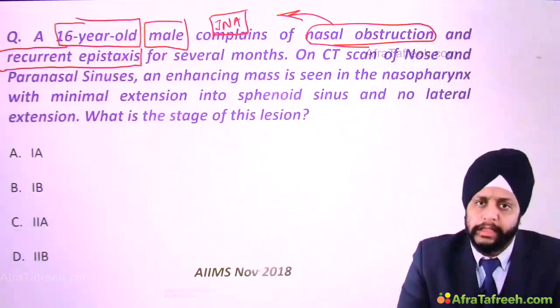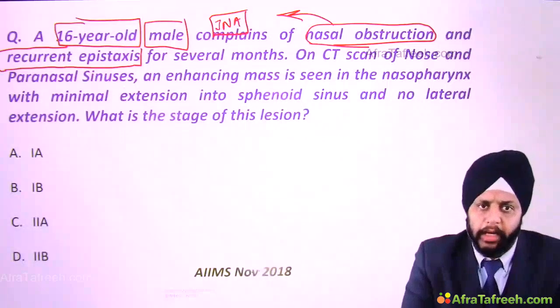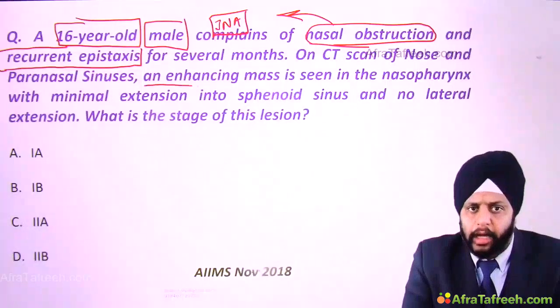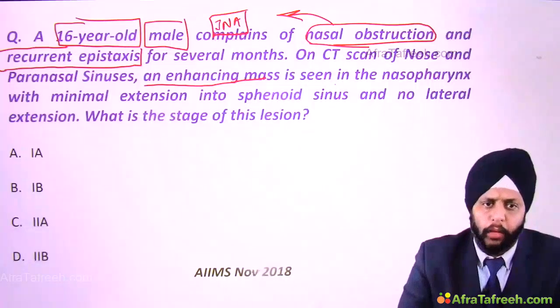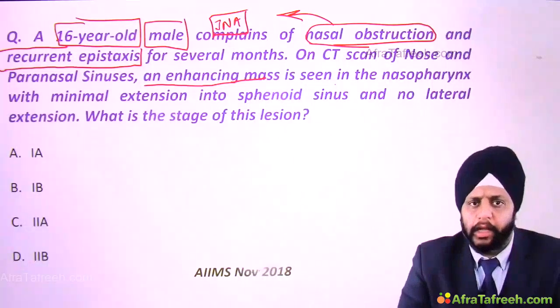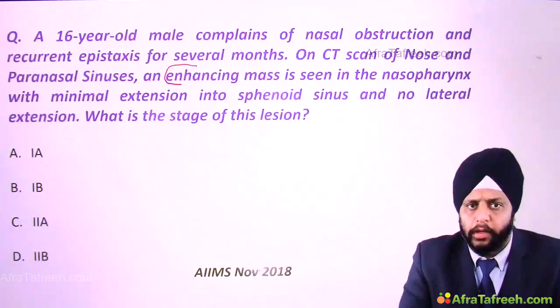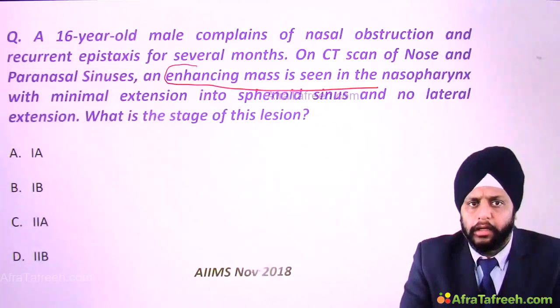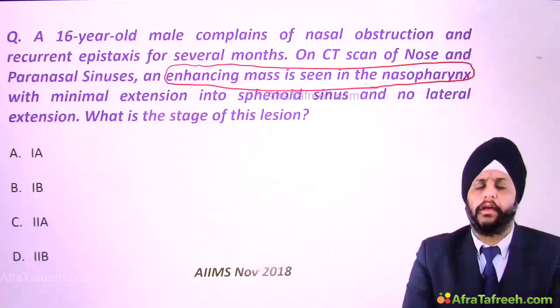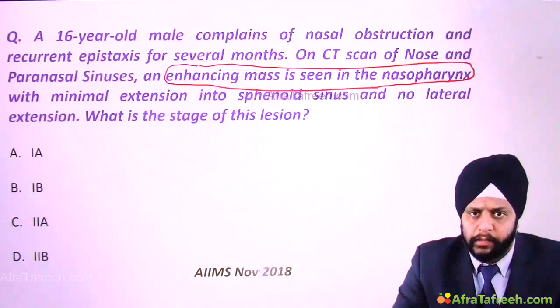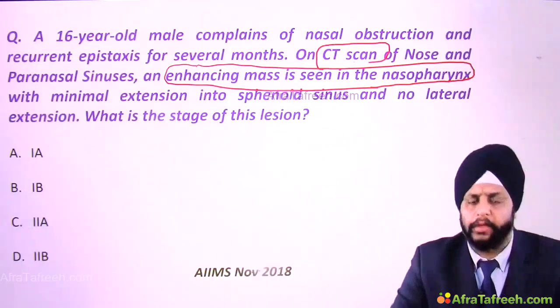Now, on CT scan of nose and paranasal sinuses, an enhancing mass is seen in the nasopharynx. Okay, so when the question says that an enhancing mass is seen in the nasopharynx on CT scan, it confirms your diagnosis of JNA. You have done the confirmatory investigation, your investigation of choice, CT scan.